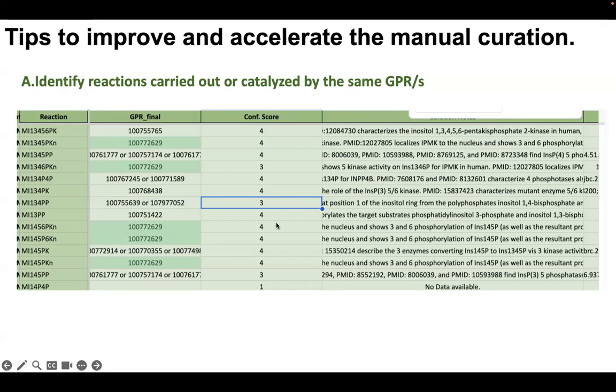So this will accelerate the curation by a lot. As you can see in one of the examples that I gave on RIA, it was the conversion of a generic aldehyde to a carboxylate. So many metabolites will fit into that category.